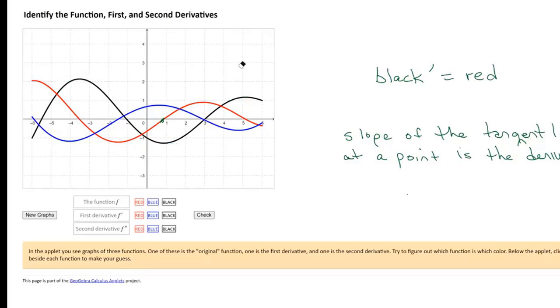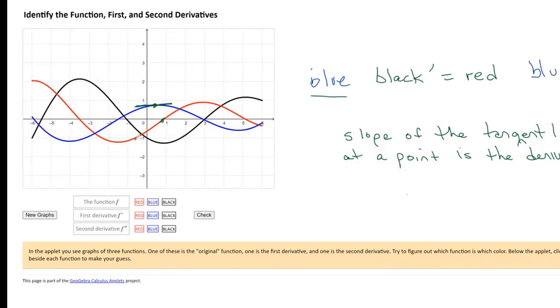Now, I want to know, is blue on this side? Basically, I'm saying, is the derivative of blue black or is the derivative of red blue? Let's look at those two graphs together. Let's start on this side. If blue is the original function, that would mean that here something should be 0.